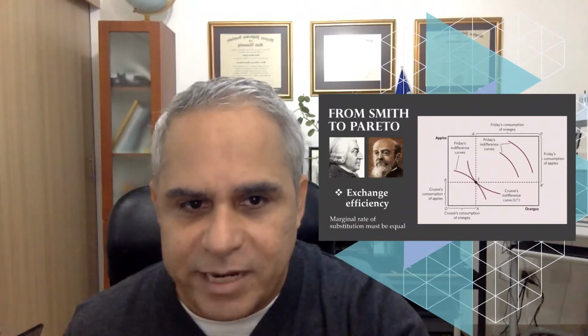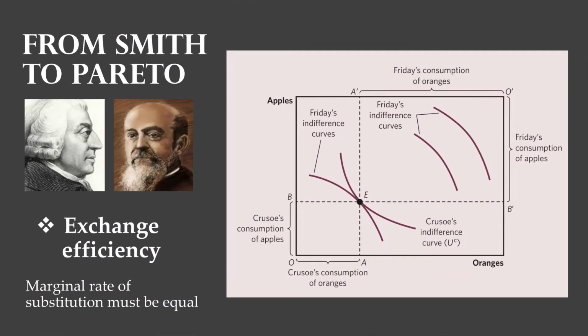So if we have an economy like the one we show here on the Edgeworth box, you have Friday on one side and Crusoe on the other, and these two individuals make up the economy. And they can consume any combinations of apples and oranges. But they come to a point like E, which is a point where they are both happy with the amount of oranges and apples that they consume.